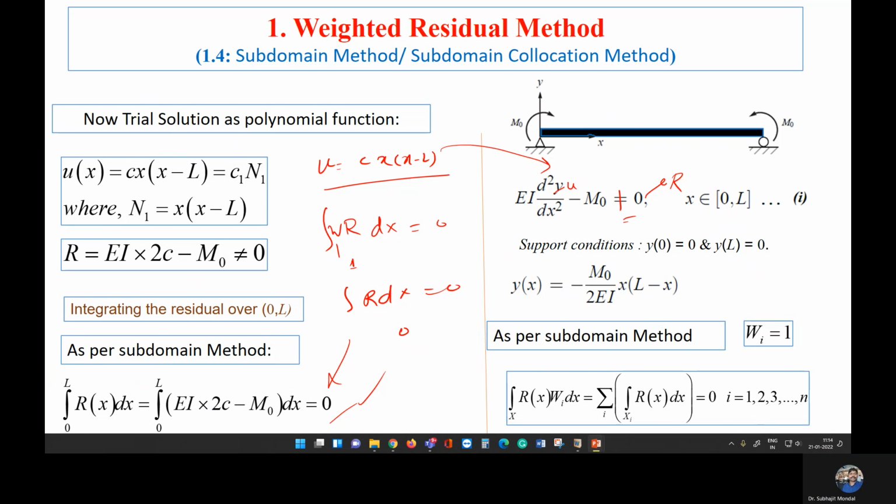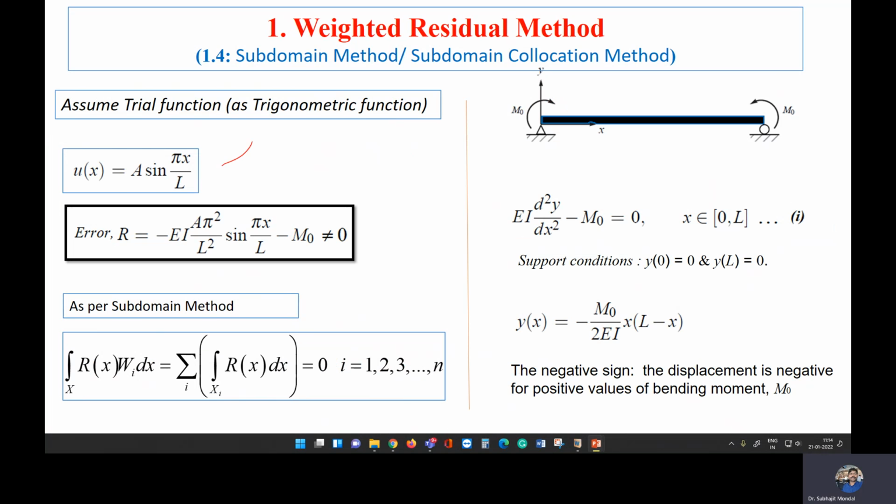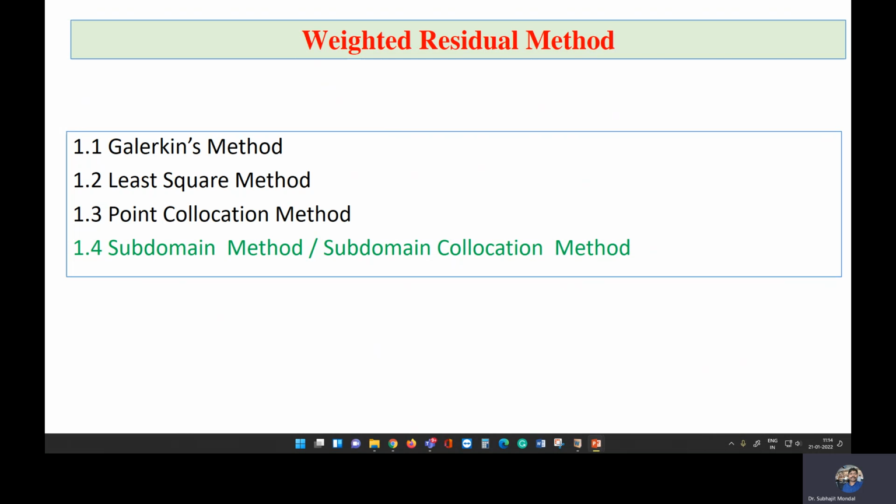What we have discussed till now are the various weighted residual methods: the Galerkin method, the least square method, the point collocation method, and the subdomain method. In all the previous videos, I have tried to discuss these methods. In the current video, we discussed the subdomain method, or subdomain collocation method.